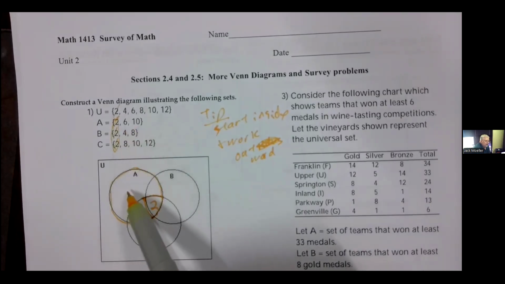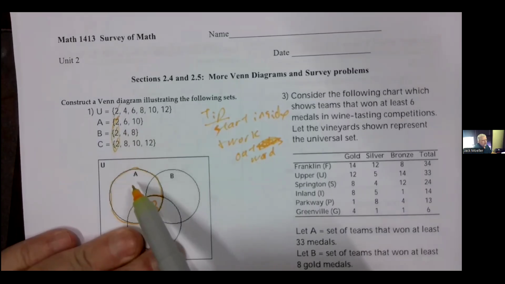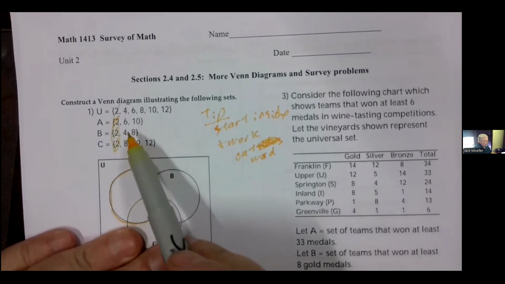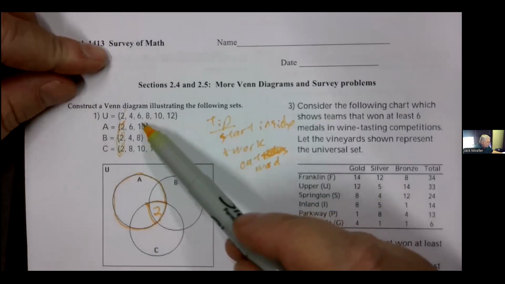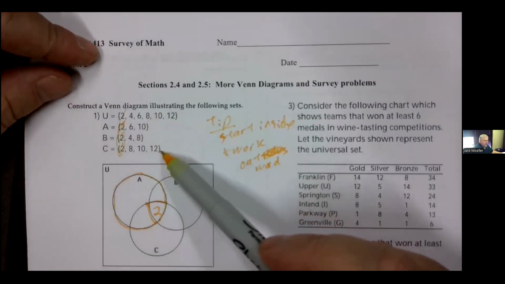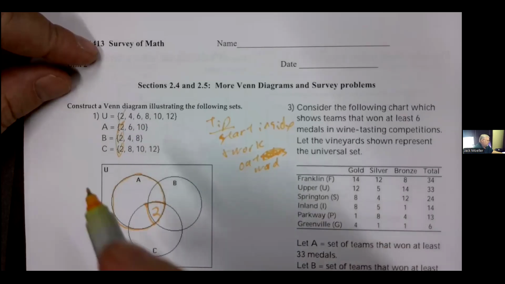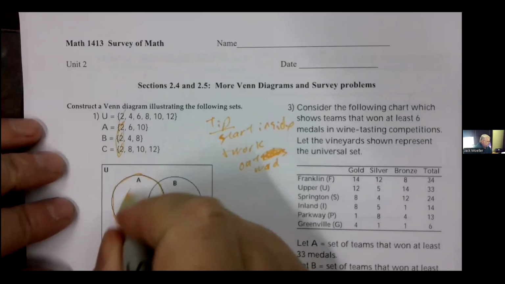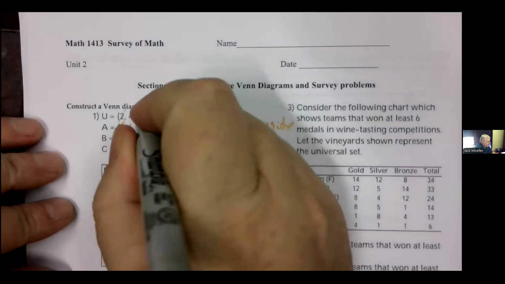If we just put them out here, well, what do we say about those regions in the 2-set Venn diagram? Those are the ones that are only in A. But are 6 and 10 only in A? If you look at 6, 6 is not in B, 6 is not in C. So yes, 6 is only in A. So that 6 is going to go out there. Okay, so take care of 6.